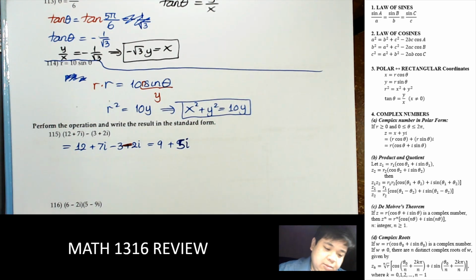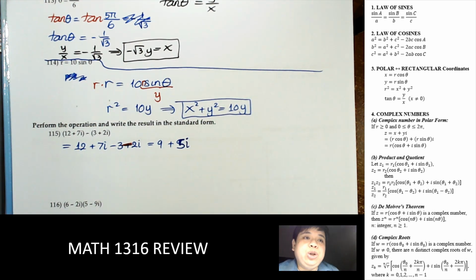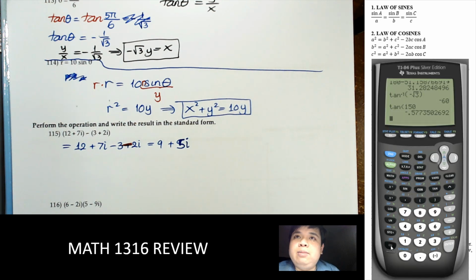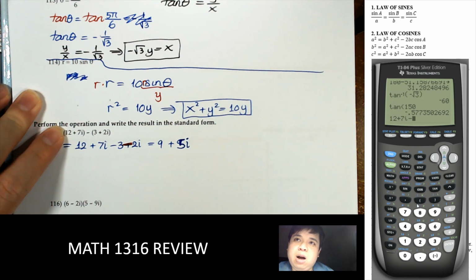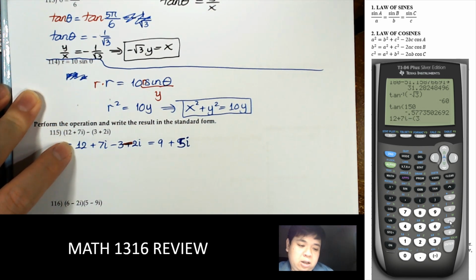Right, so that's straightforward. If we use the calculator, we hit mode and turn to the complex mode with a plus bi, and then we can just say 12 plus 7, second decimal, that's 7i minus 3 plus 2i.